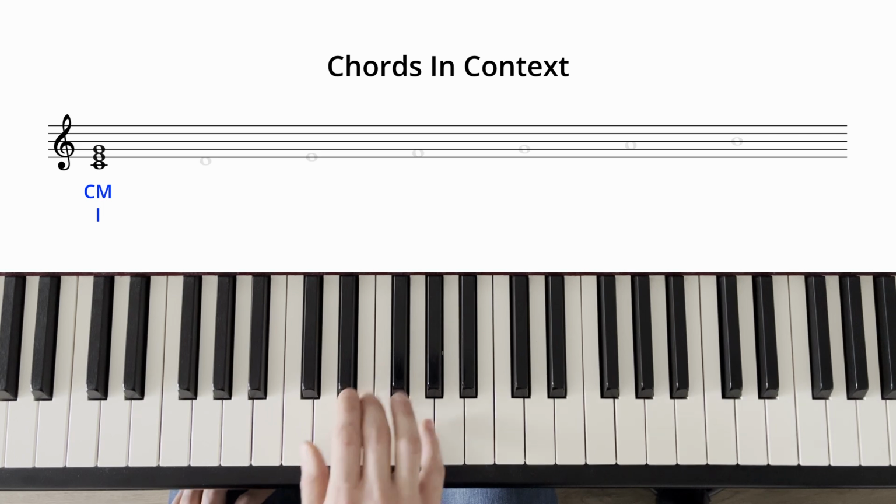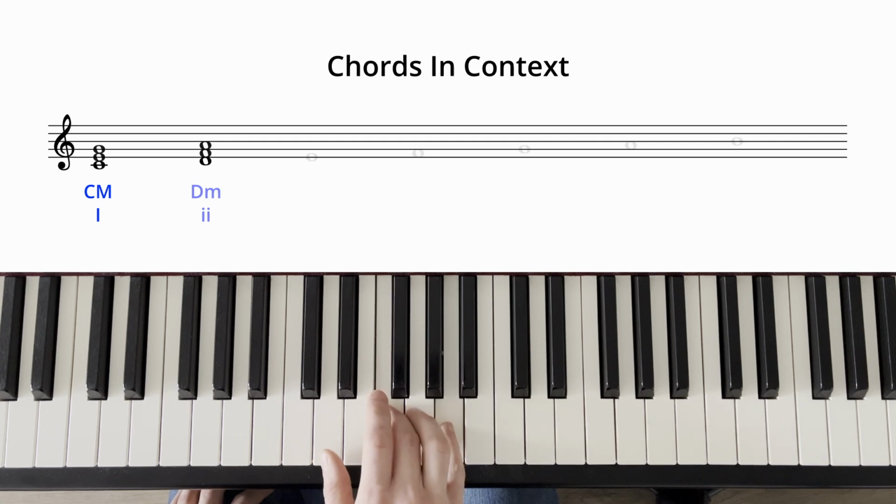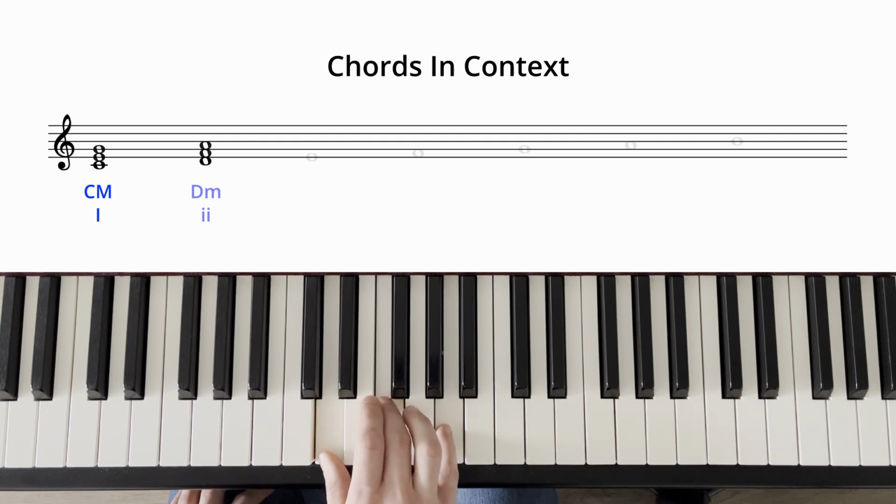If I slide up and start from D, but still use only white keys, this time I get D to F, which is a minor third, and then F to A, which is a major third. So this chord is a D minor chord. Since I'm starting from the second note of the scale, I'd call it the 2 chord, and since it's minor, I'd write it with lowercase Roman numeral 2.